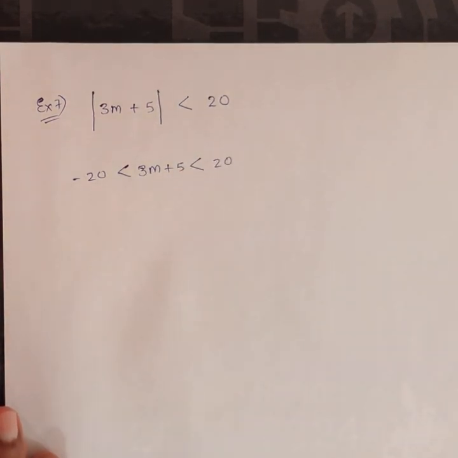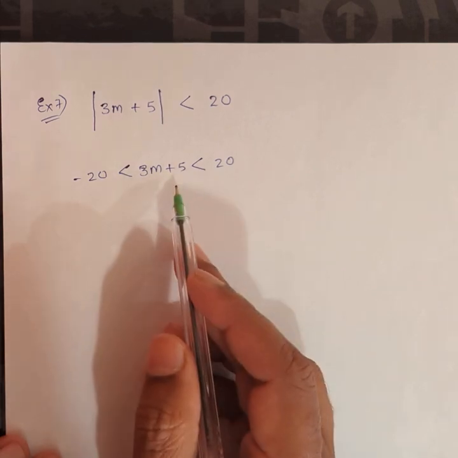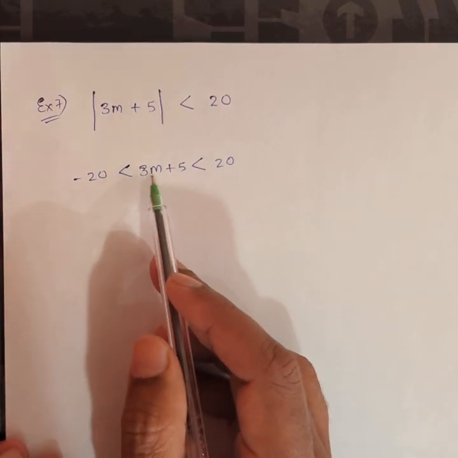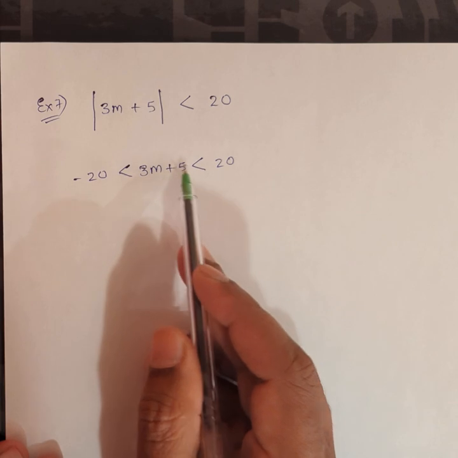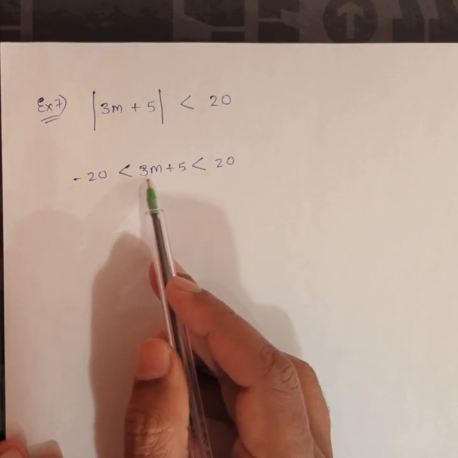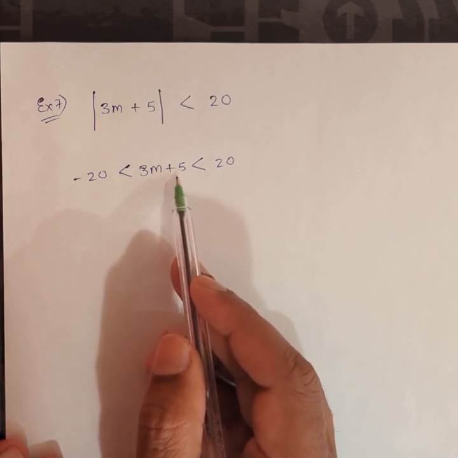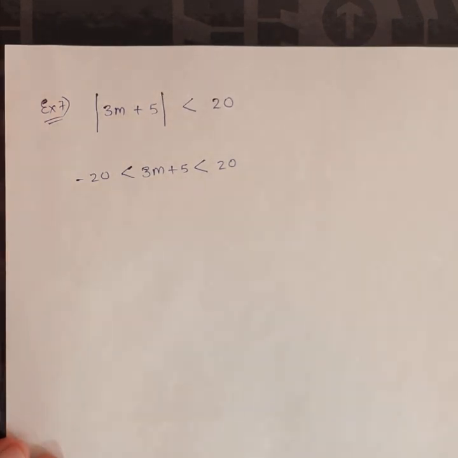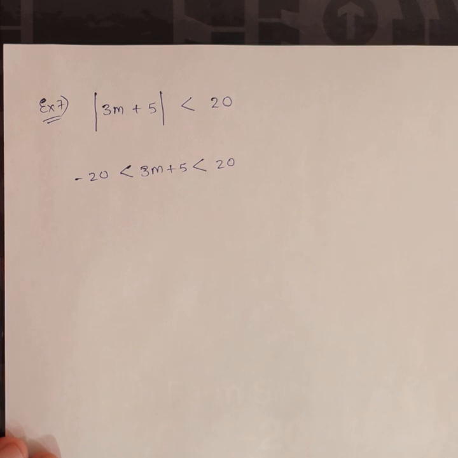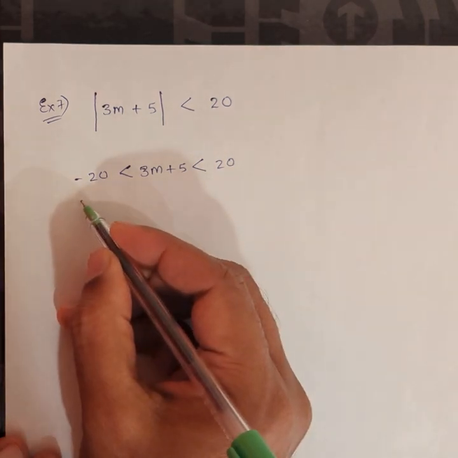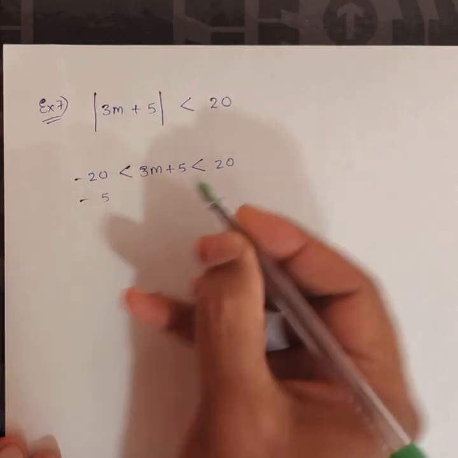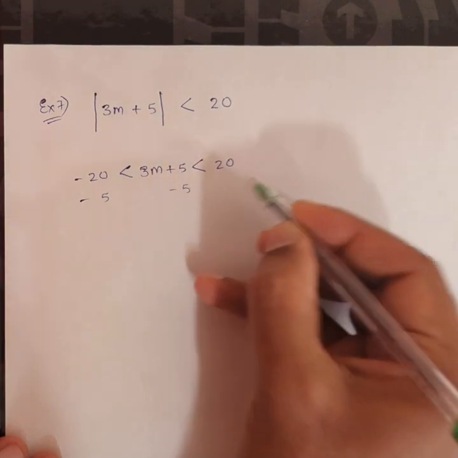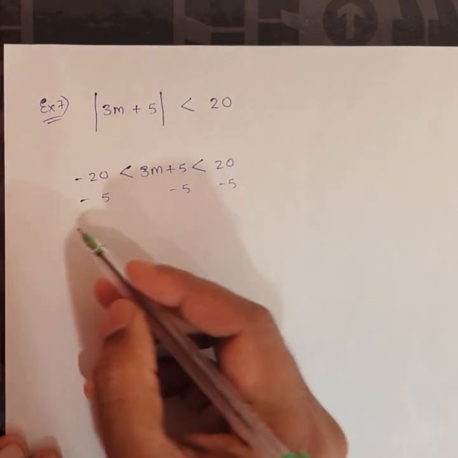Now the question is, we did not solve for m. We still have to solve for m. Notice it's 3m plus 5. So we need to get rid of the plus 5 first. So this time we will subtract 5 from everywhere. So I'm going to subtract 5 here, minus 5, minus 5, minus 5.